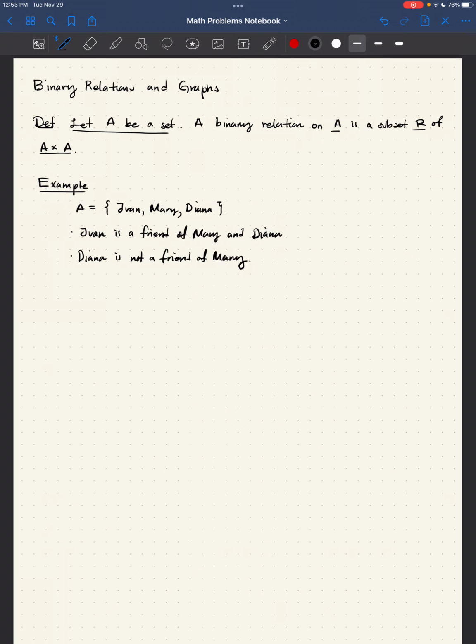We may be able to codify the information that we have here in the form of a collection, right? So in this case, I'm going to say that R represents the friendship relation. So we say that in this case, R corresponds to the following collection. You may say, look, Juan is a friend of Mary and Diana.